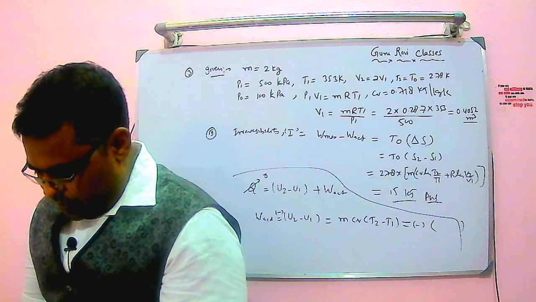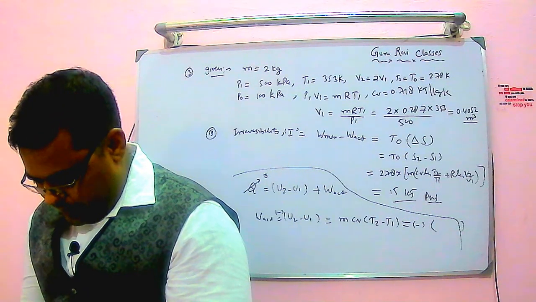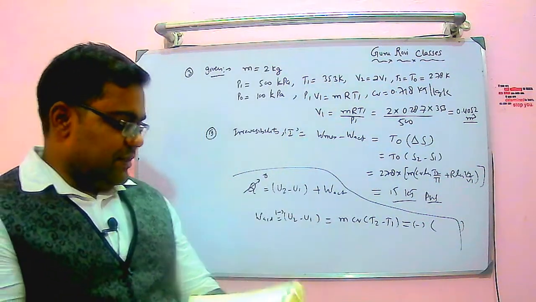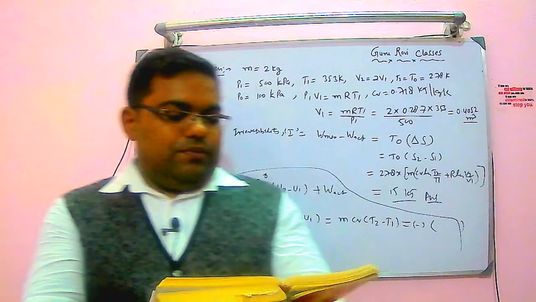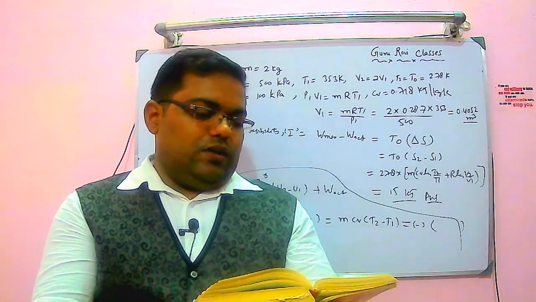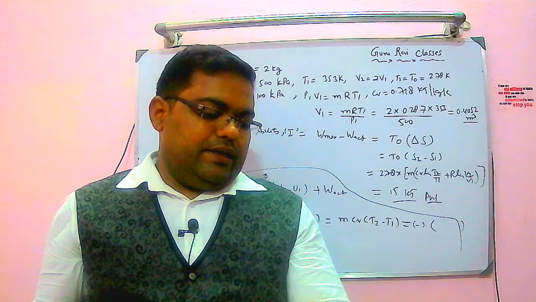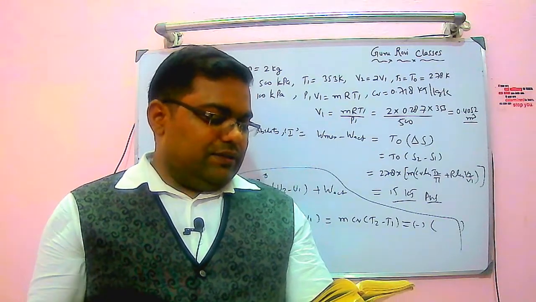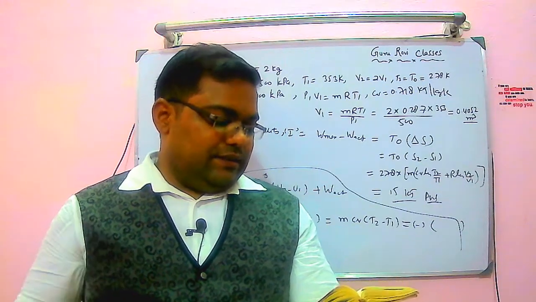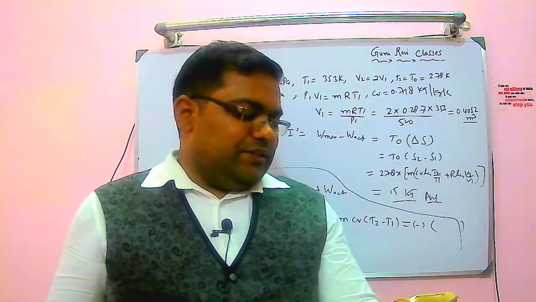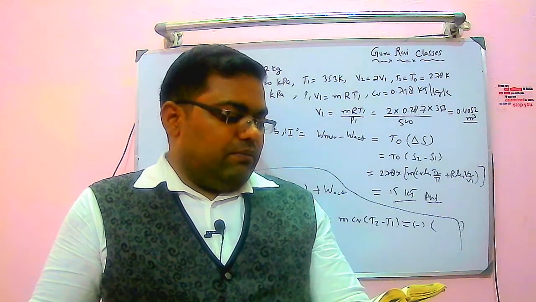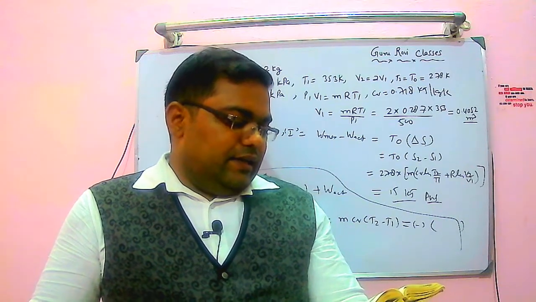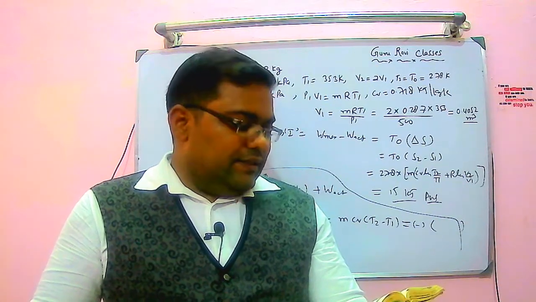I will take the last problem, with that we will be able to solve all sorts of problems. Now I will take one example for an open system as well. So note down: air expands through a turbine from 500 kilopascal, 520 degrees Celsius to 100 kilopascal, 300 degrees Celsius. During expansion, 10 kilojoule per kilogram of heat is lost to the surroundings, which is at 98 kilopascal, 20 degrees Celsius.